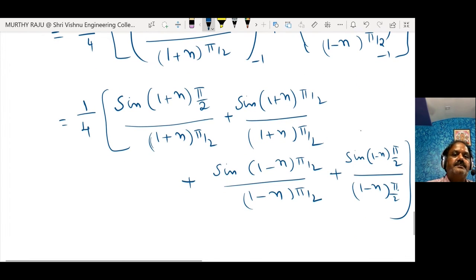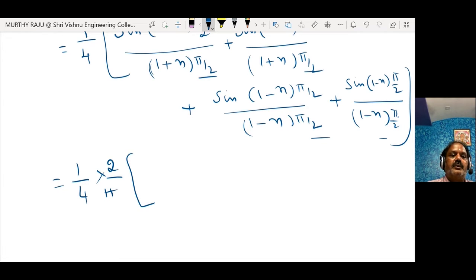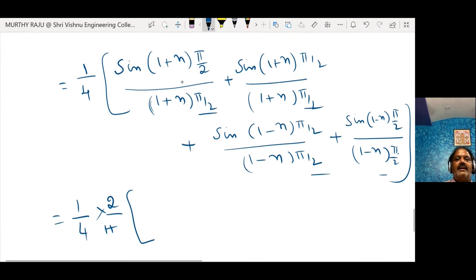That is equal to, pi by 2 is the common term in all places. Bring out, that is 2 by pi. Here sine of pi by 2 plus n pi by 2 is sine of 90 plus theta, which is cos theta. That is cos n pi by 2 by 1 plus n, because pi by 2 is brought out, that is 2 by pi.